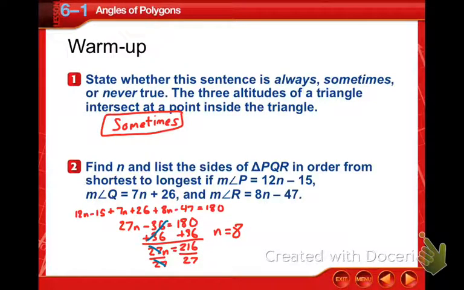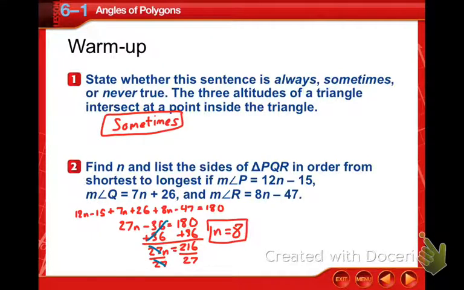So now we have what n is. That's half of what we were trying to find. But now we need to know which angle is the biggest. Really, the length of the sides has to do with the angles as well. So the largest angle is going to be across from the longest side. Same for the others: the shortest side is across from the smallest angle, and the middle side is across from the middle angle.